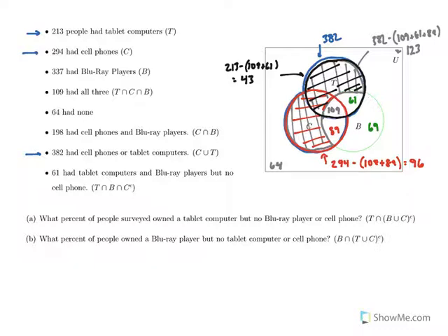So if we redraw this picture, think about what we're looking for. We have two circles here, just thinking about C and T, ignoring the 89, the 109, and the 61. Inside both circles, we have 123. Inside just the C part, we have 96. And inside the T part, we have 43.